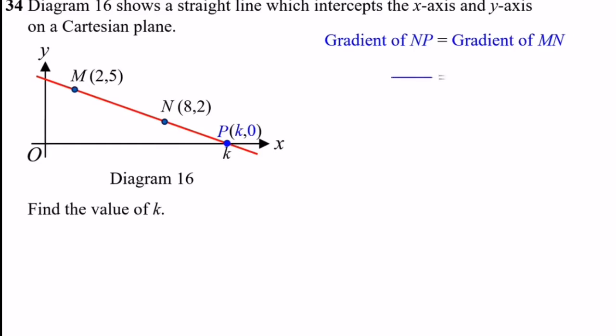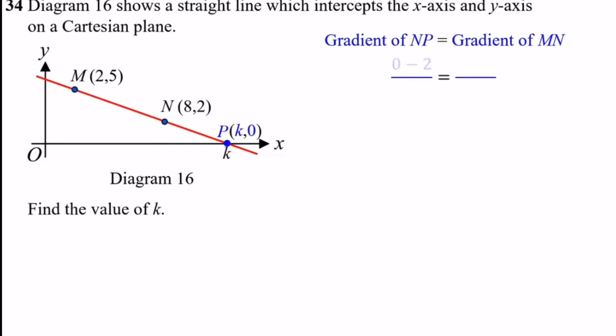The formula for gradient is y2 minus y1 over x2 minus x1, right? So let's write down the coordinates for the y. We start with 0 for point P. You can write 0 minus 2, or you can write 2 minus 0. I'm going to take 0 minus 2.